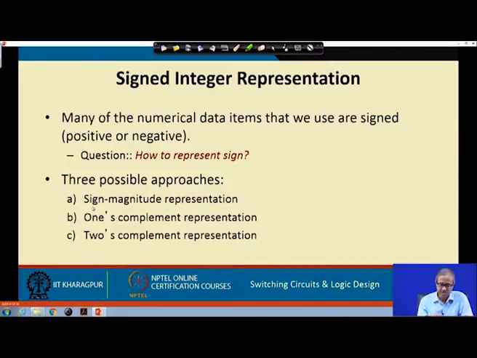These are called sign magnitude, 1's complement and 2's complement representations. We shall be explaining these 3 representations one by one. These are all used to represent signed numbers, numbers which are both positive and negative.